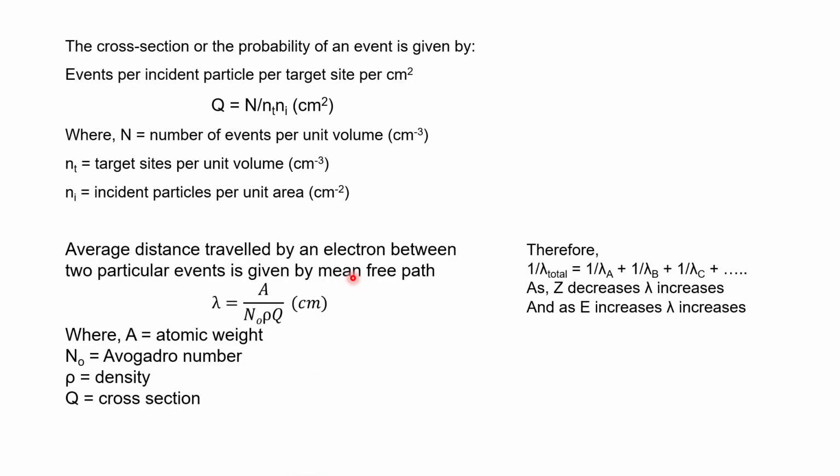Maybe I'm finding a contradiction. Z decreases, interaction lambda increases. Lambda increases means interaction will be less, right? But when interaction is less, why is the volume more?